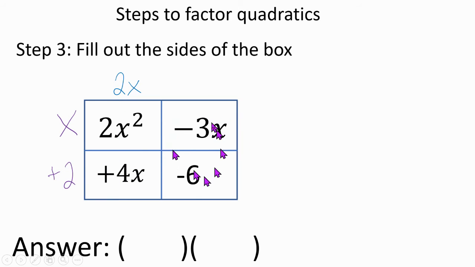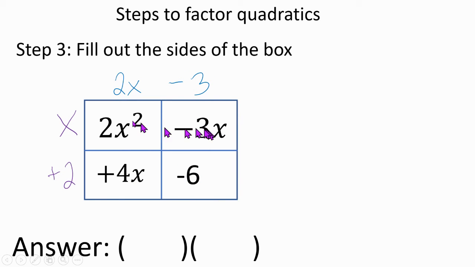And then we're going to do the same thing here. What do I have to multiply that x by so that we get a negative 3x? Well, you know that has to be a negative 3 because negative 3 times x is negative 3x. And then you just double check that last box to make sure 2 times negative 3 is negative 6.